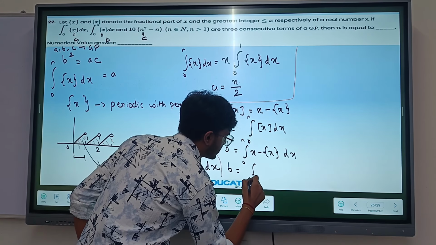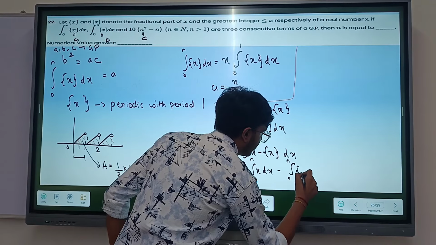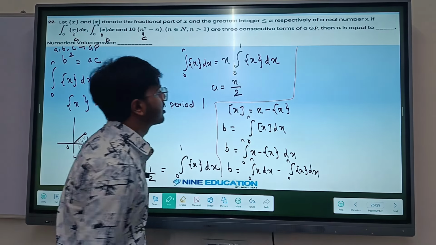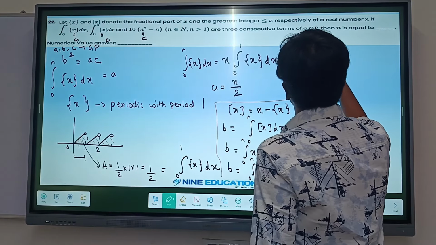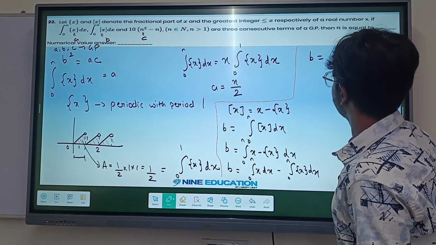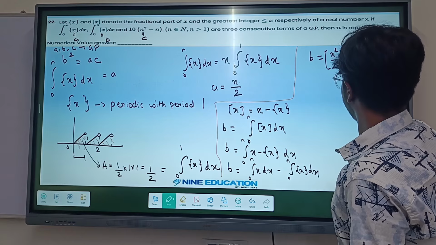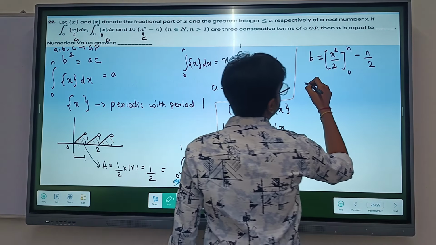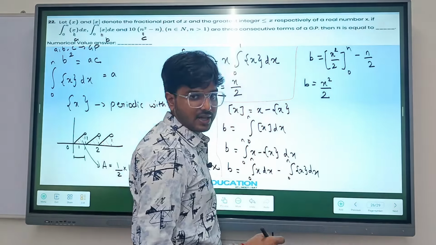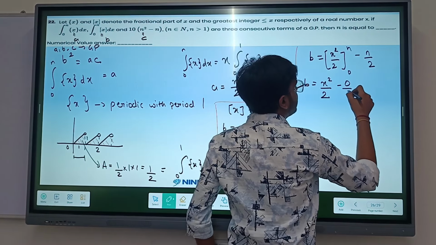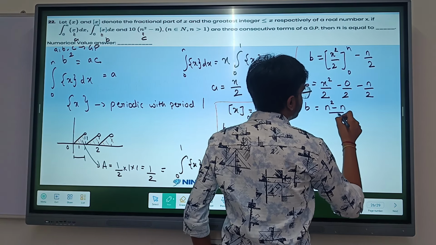So it will be equal to 0 to n x dx minus 0 to n fractional part of x dx. Now we already calculated 0 to n fractional part of x dx, which is n by 2. So B would be equal to the integration of x dx, x square by 2 from 0 to n, minus n by 2. Substituting the limits, n square by 2 minus 0 by 2 minus n by 2. So B value is n square minus n by 2.